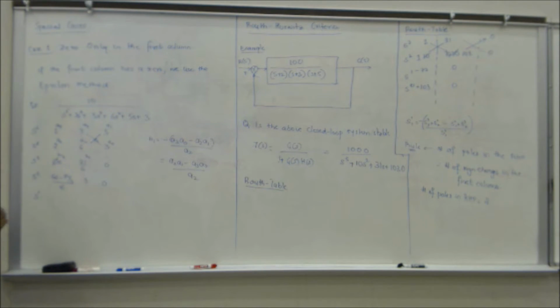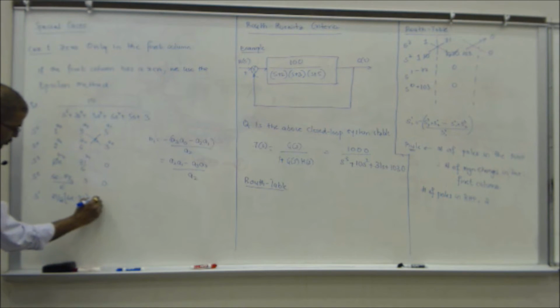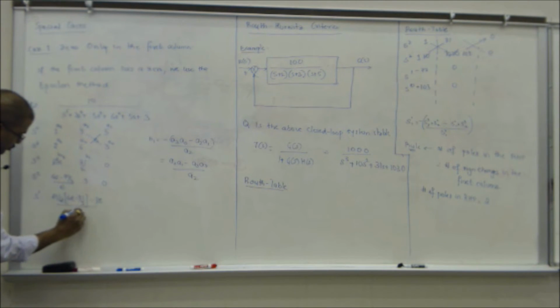S1 would be 21 over 6 into 6 epsilon minus 21 over 3 minus 3 epsilon over epsilon.